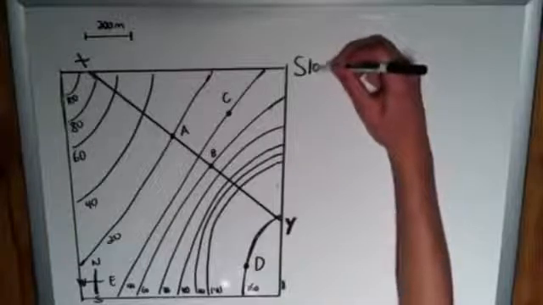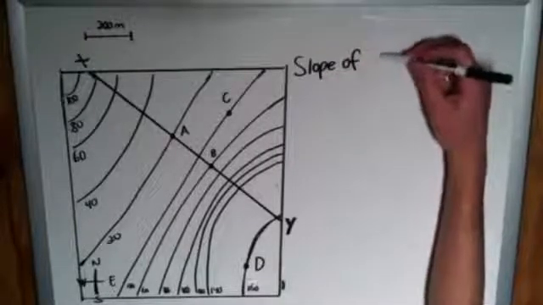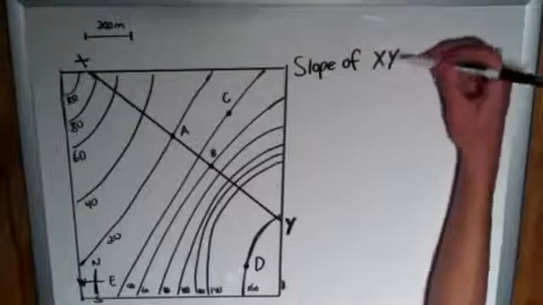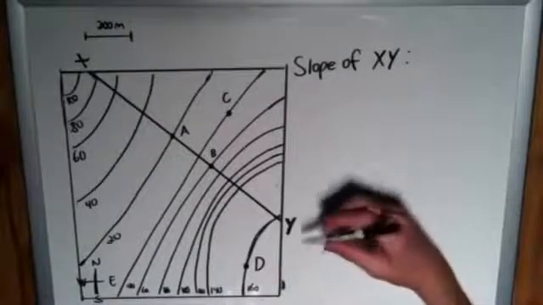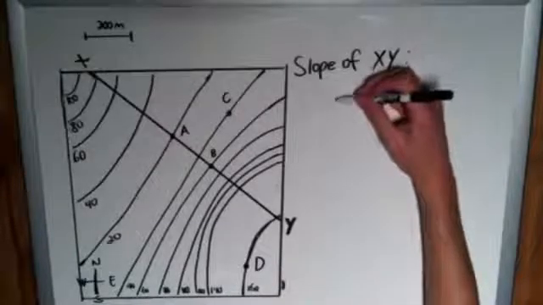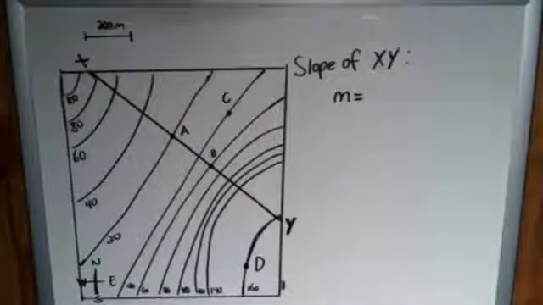So the first piece is we're just going to find the slope of line XY. Of course, the first thing we should do is define what slope is. We'll represent slope with the letter M, sticking with the mathematical variable we use for it.